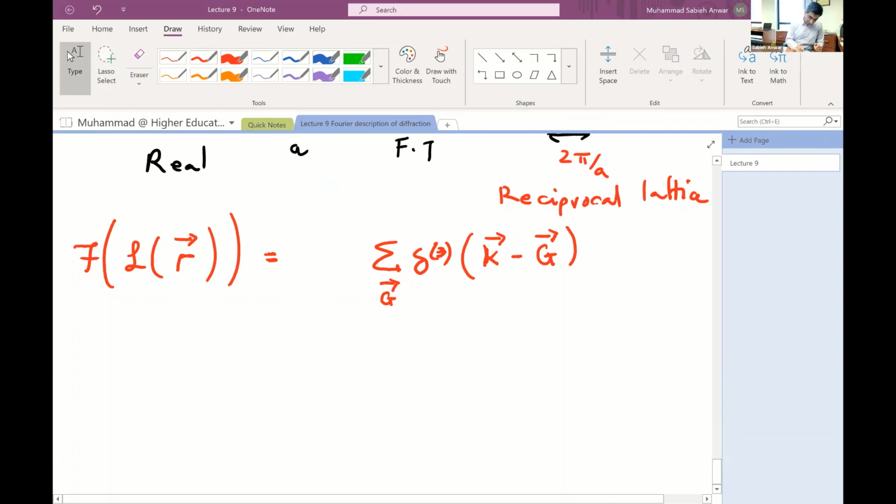And I have to do the proper normalization as well, which in 3 dimensions becomes 2 pi cubed over the volume of the unit cell in the real space. So this is the Fourier transform of the lattice.